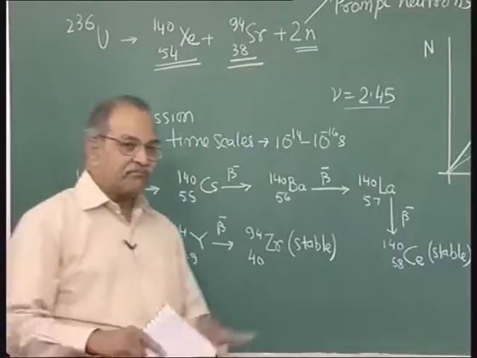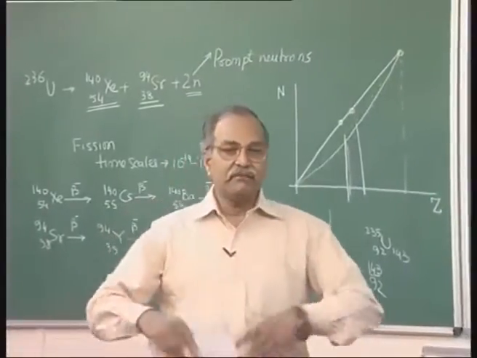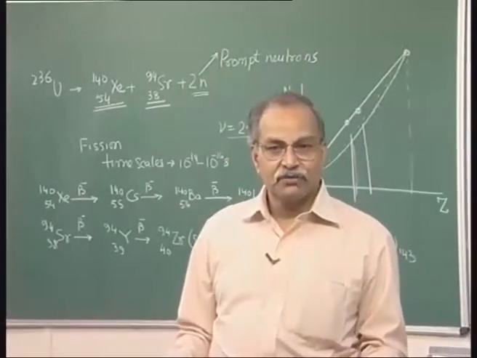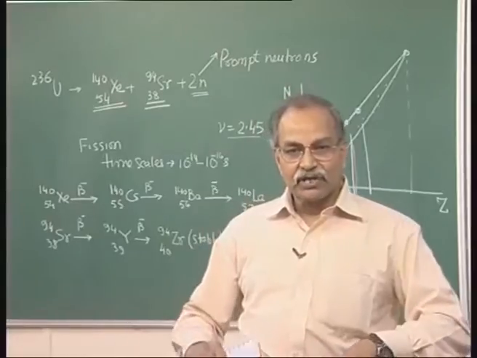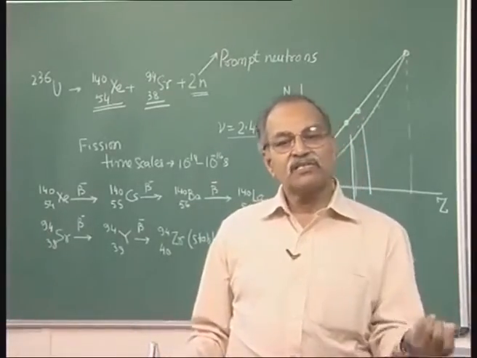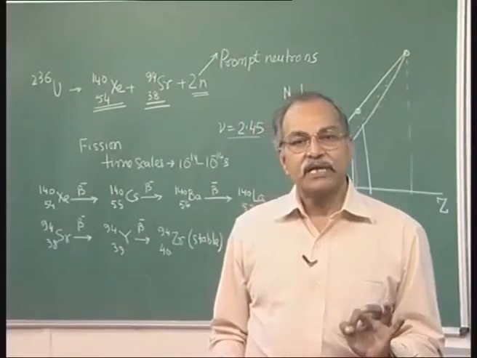So, the fragments in this fission first emit a few neutrons to reduce their neutron number, and after that neutron emission becomes energetically unfavorable, and then neutrons convert into protons emitting beta particles to get to that stability.